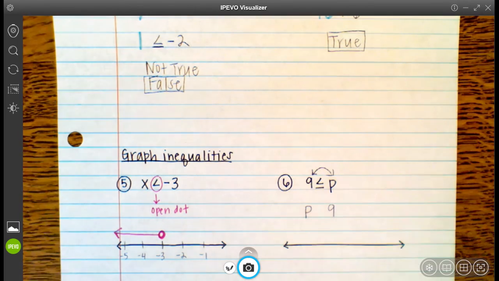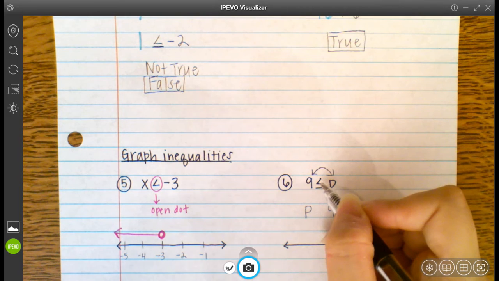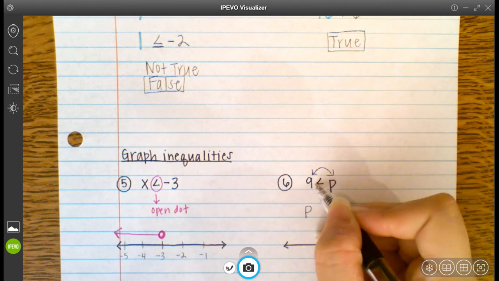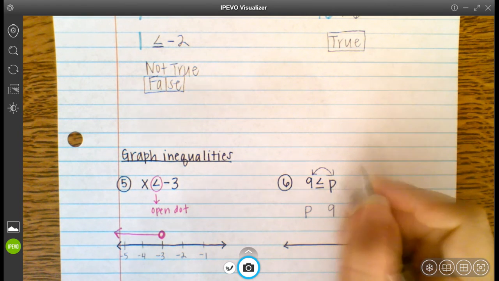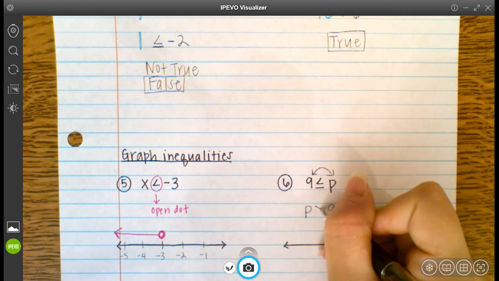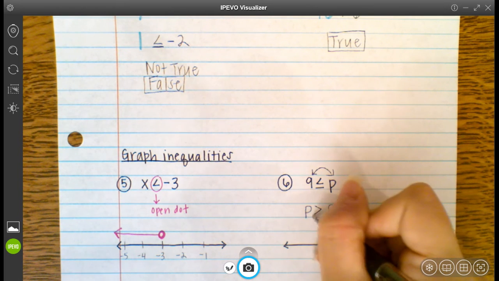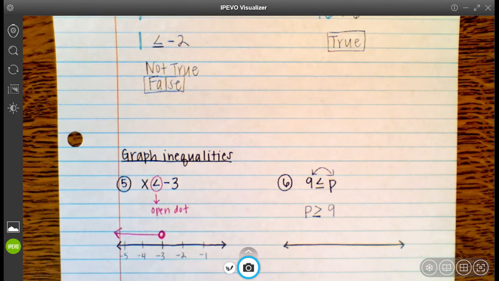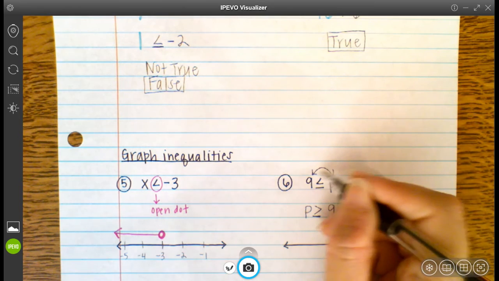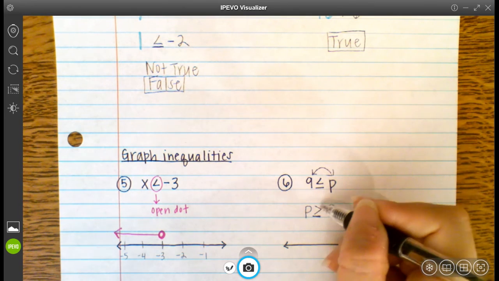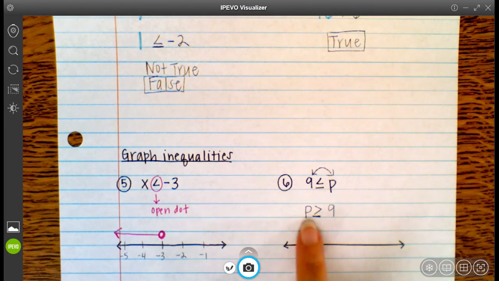The 9 is going to go on the right side. And what happens with our sign? Well, our sign is opening towards p, which means that my opening should be towards p, and I should have my underline. Or you can think of it as, since I'm swapping this position, I should swap the sign to make sure that p is on the left side.